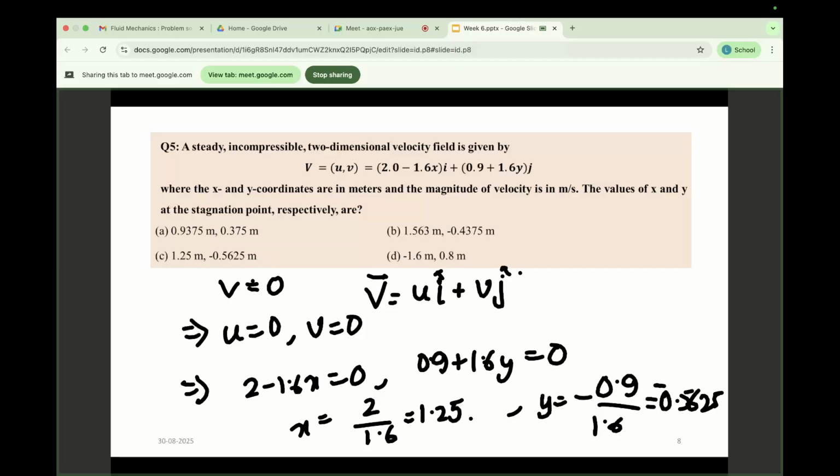So only options B and C seem to be correct. But from B we get x equal to 1.25, so option C is the correct answer. I think you got this answer and how to solve this one. So please have a look and let me know if there is any confusion regarding this.